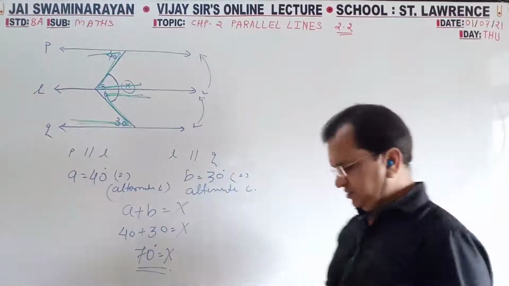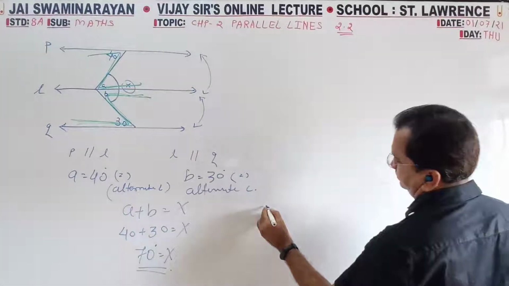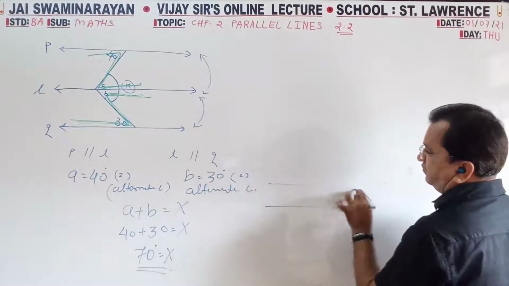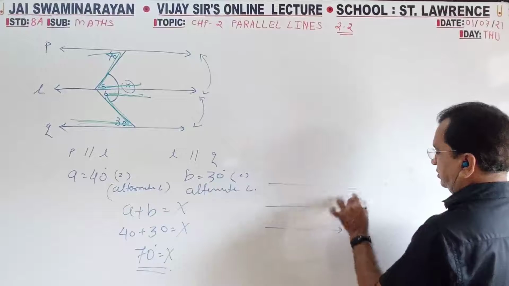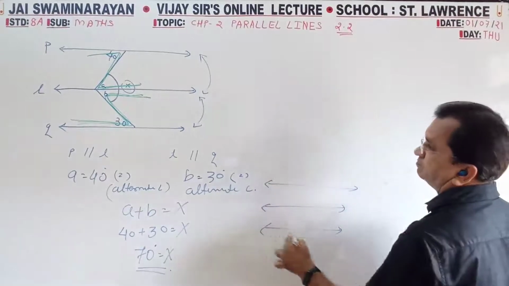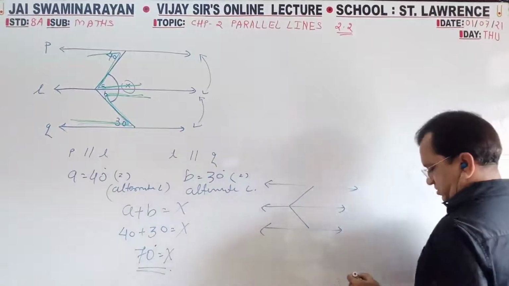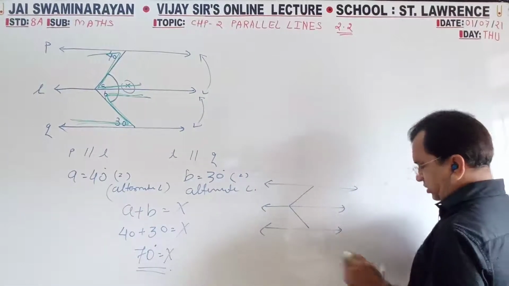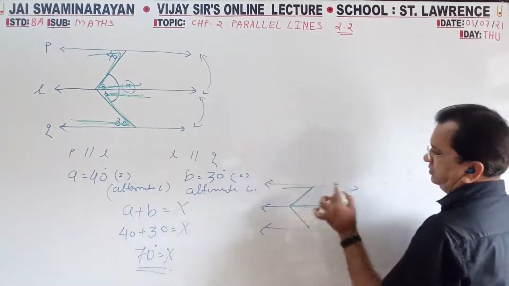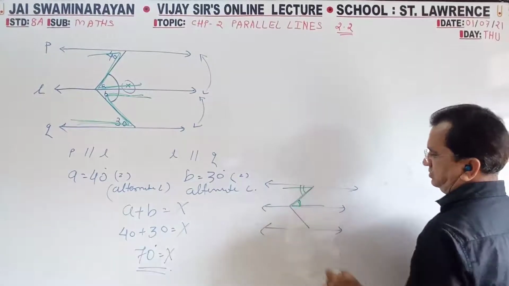How simple? Again, each and every sum I am explaining twice. See, you are observing Z. So this is equal to this.